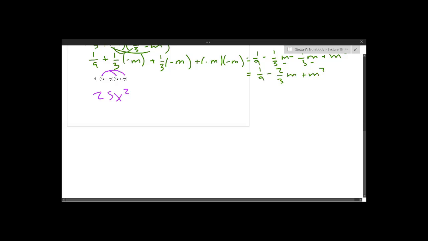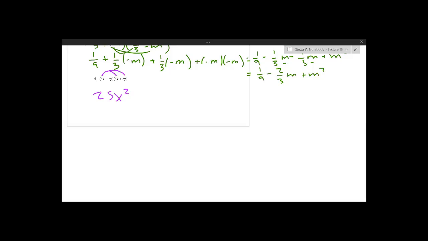Outer, we're going to have 5x times positive 2y. So we have plus 10xy. And in the middle, we have negative 2y times positive 5x. So that would give us minus 10, or negative 10xy.